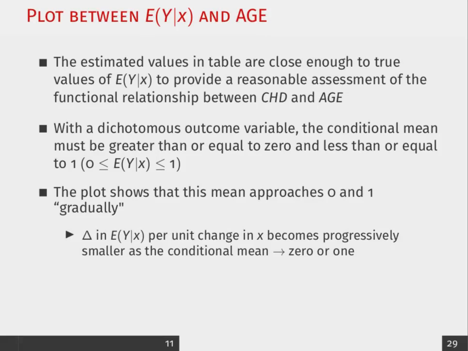So what happens because of that necessarily is that the change in the expected value of y, so the change in your propensity to have CHD given your age, becomes progressively smaller, right, as you approach 0 and as you approach 1, right? And that makes sense, right? If we look back at the previous graph, as you get progressively younger, your propensity to have CHD would decrease and become smaller.